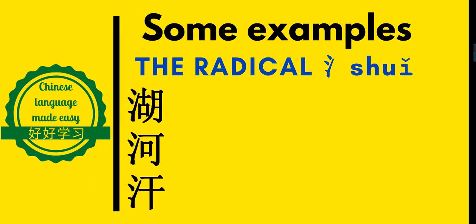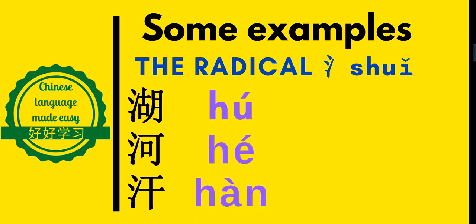So these are the examples. I'll give you the pinyin and you will understand this. 湖, 河, 汗.